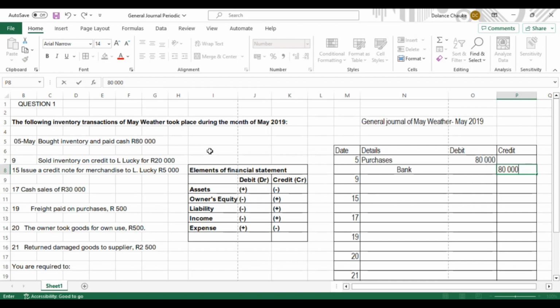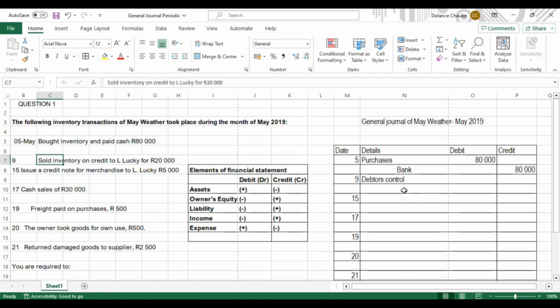So in terms of the elements, remember, debtors control is an asset, and whenever asset increases, we debit. So we'll go there and say debtors control there.